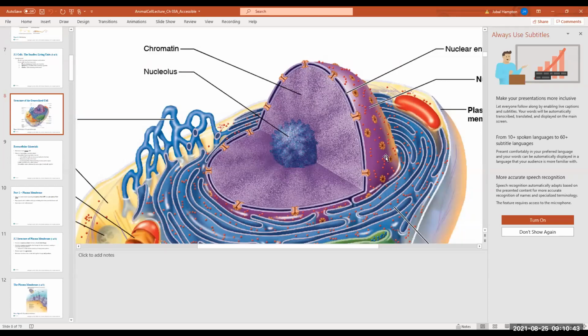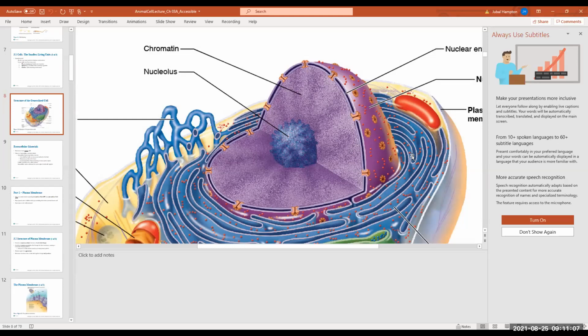Transcription, the creation of these messages, occurs within the nucleus. Translation is going to occur by ribosomes out here in the endoplasmic reticulum. We have two types of endoplasmic reticulum. We have smooth and we have rough.